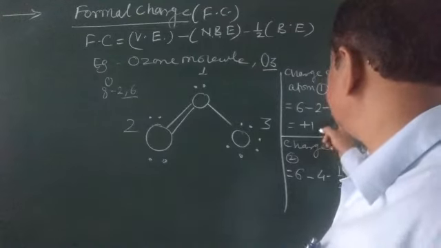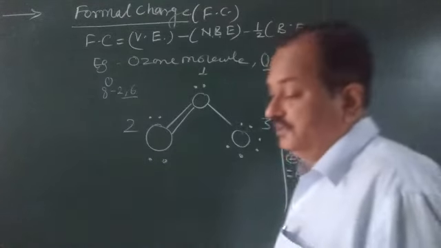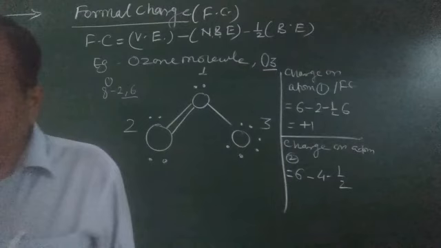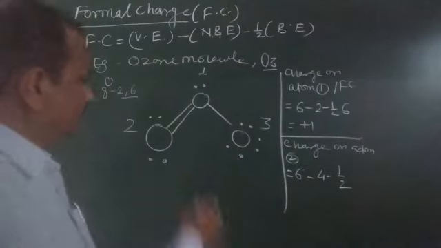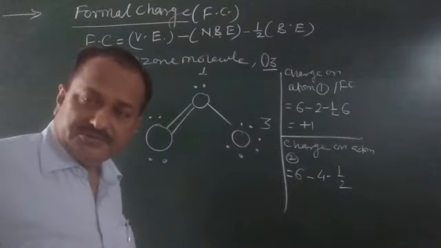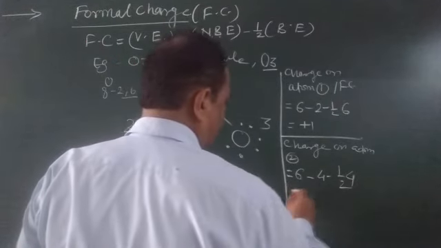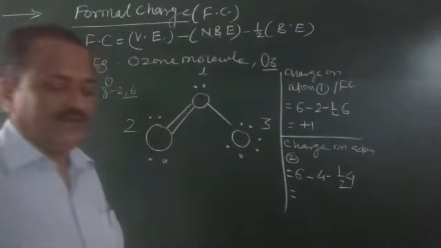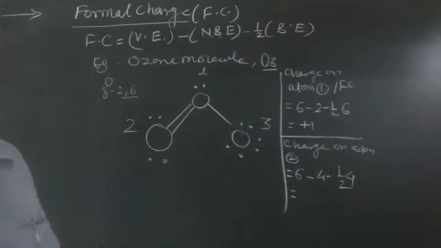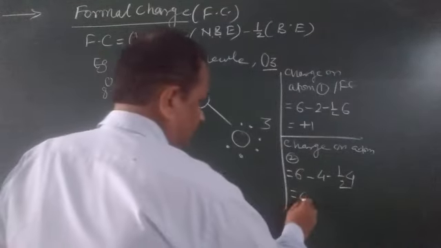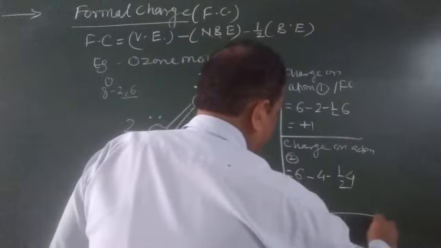And what about the bonded electrons? The bonded electrons, they are here 2 bonds. 2 bonds means 4 electrons. So it will be here 4. And as a result, you can find out, and here it will be 0.